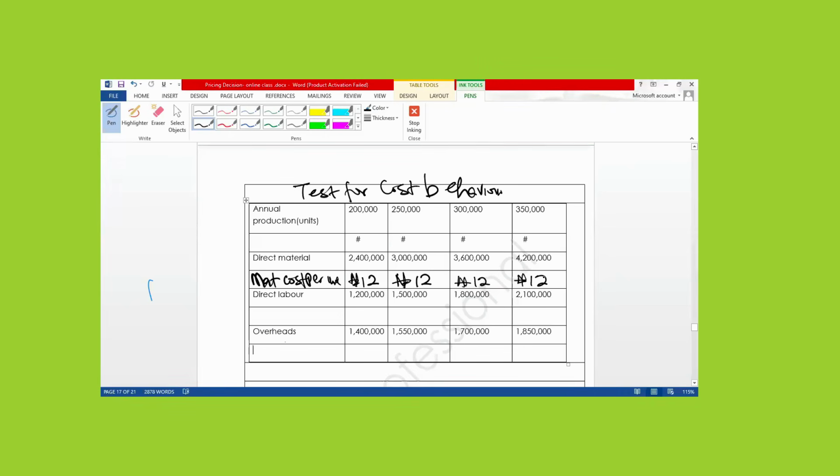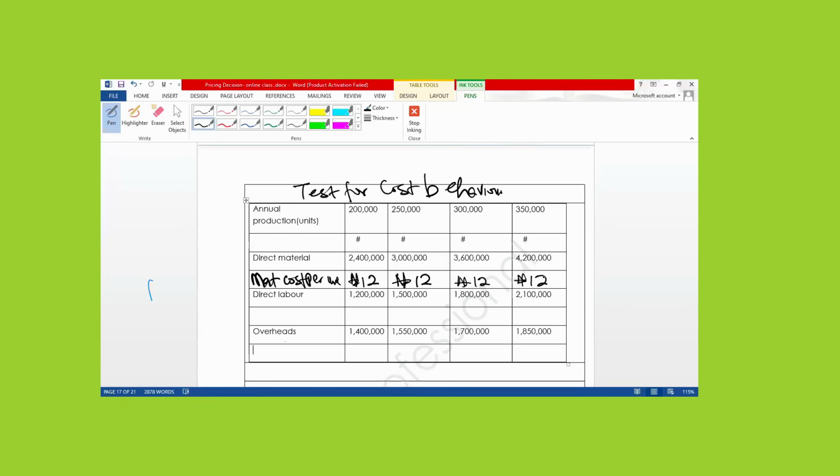Remember the rule. If your cost per unit is constant, what kind of cost is that? Variable cost. As production volume increases, total material costs also increase, but material cost per unit is constant.